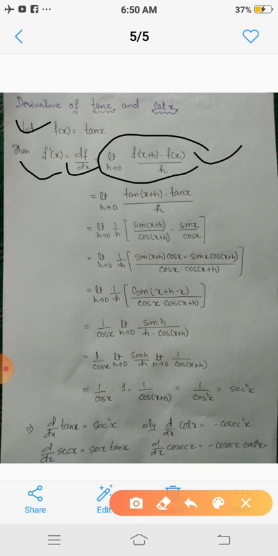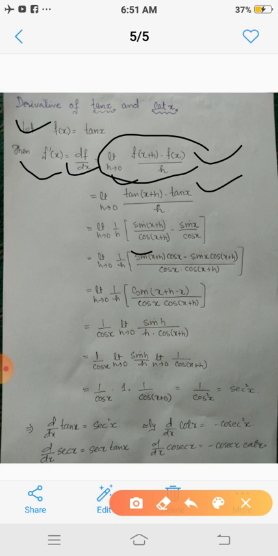Now f of x plus h is tan of x plus h, and f of x is tan x, which is limit h tends to 0 tan of x plus h minus tan x upon h. Now we can write tan as sin of x plus h upon cos of x plus h minus sin x by cos x. By cross multiplication it is sin of x plus h cos x minus sin x into cos of x plus h, upon cos of x plus h.